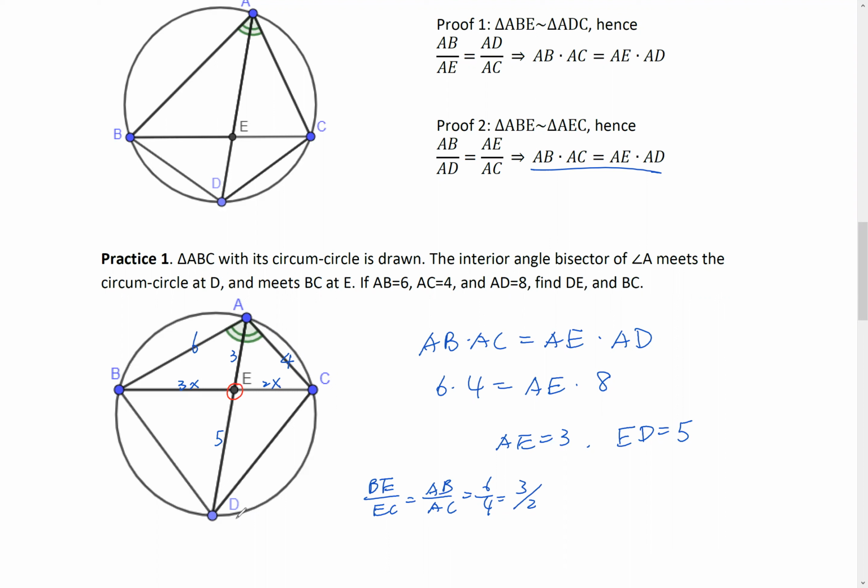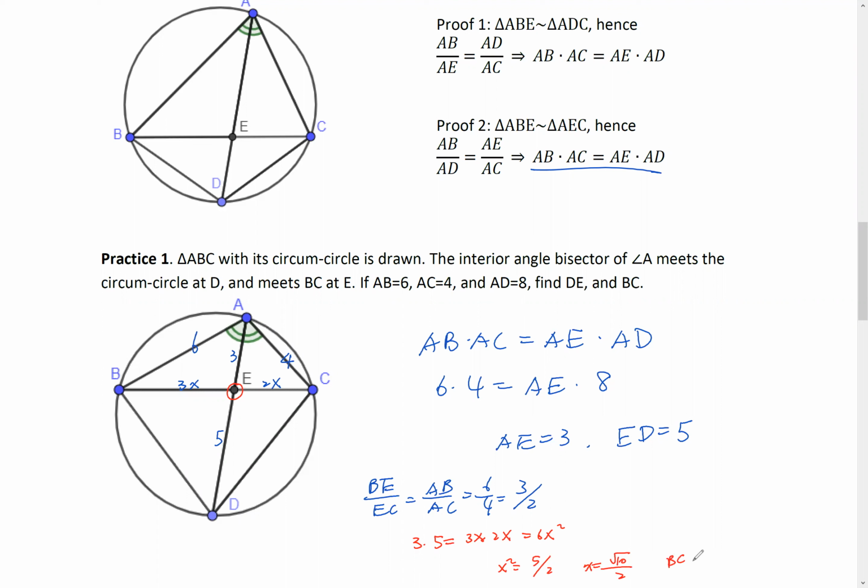If you take a look at this point, power of point E, 3 times 5 equals 3x times 2x, 6x squared. So x squared equals 5 over 2. X equals square root of 10 over 2.